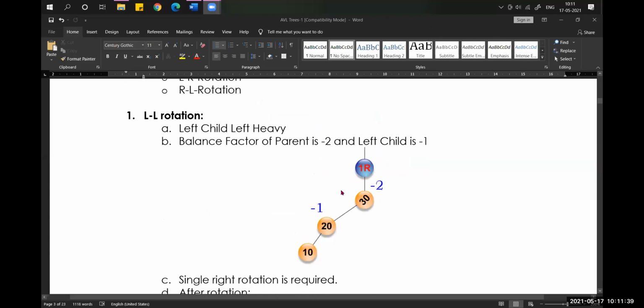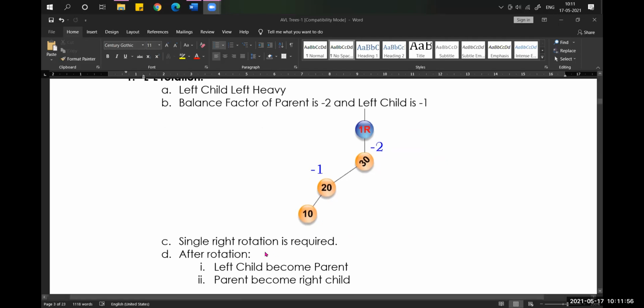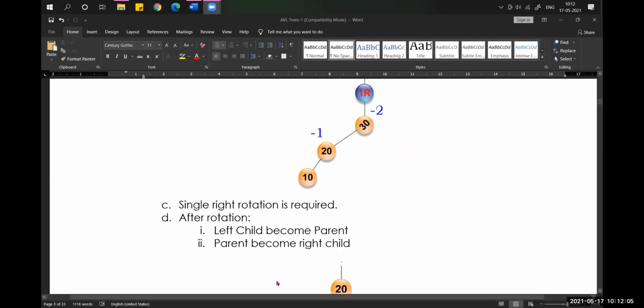What is the problem here? LL means the left side has more nodes. So that's why it is an imbalanced one. Now we want to get it into a balanced tree. So what should we do? Right rotation is required. Single right rotation is required.